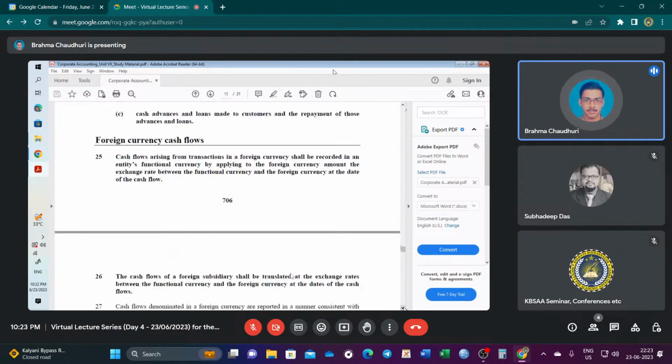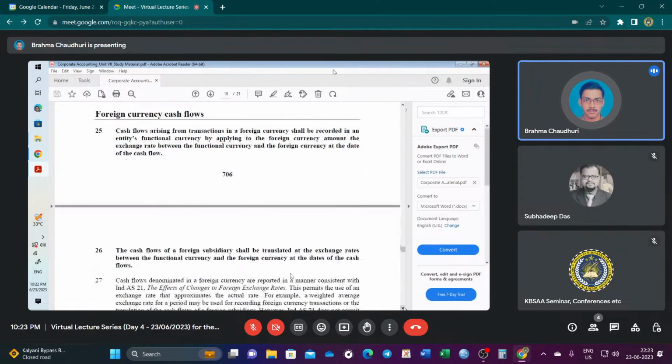And one more thing, this is about foreign currency cash flows. Cash flows arising from cash transactions in a foreign currency shall be recorded in an entity's functional currency by applying to the foreign currency amount the exchange rate between the functional currency and the foreign currency at the date of the cash flow.